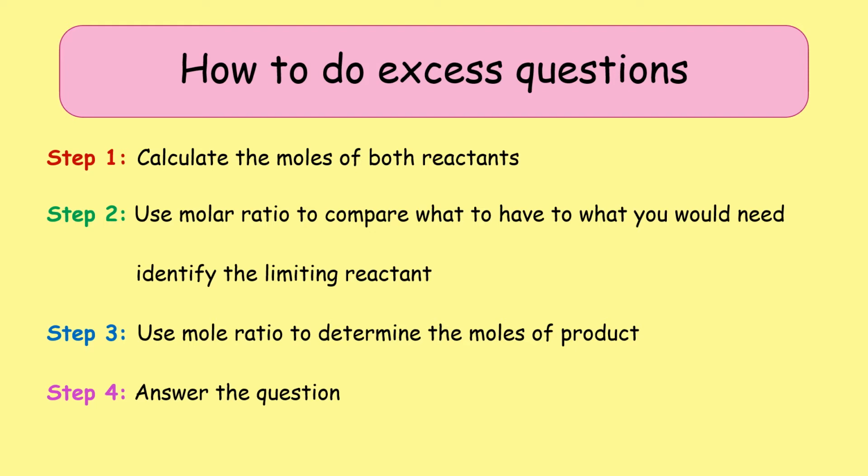The limiting reactant is the most important one because for step 3, you're going to use the mole ratio of the limiting reactant to your product to determine the number of moles of product. And the final step will be to answer the question, which will be to work out some bit of information about the product.